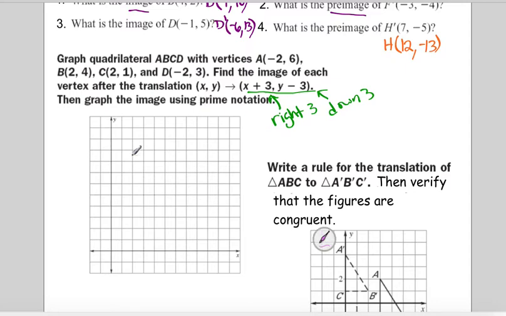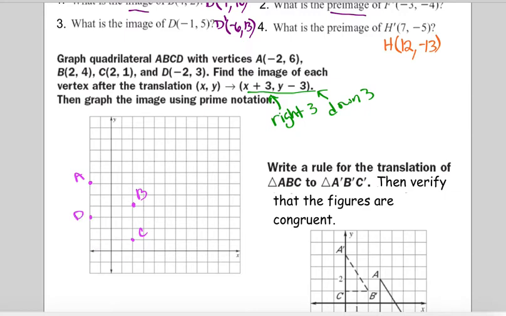and have my new points. So the original A was at -2, 6, which would be there. B was at 2, 4. Be careful that you don't miscount. Even I make that mistake sometimes, and missing a problem because you didn't count correctly can be very frustrating.